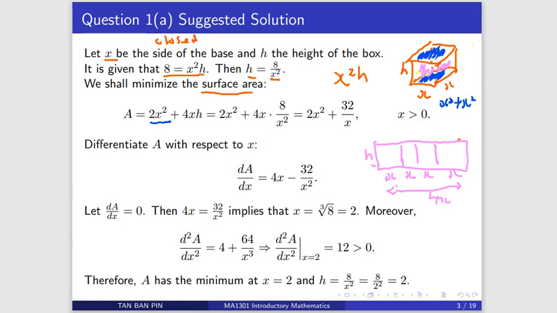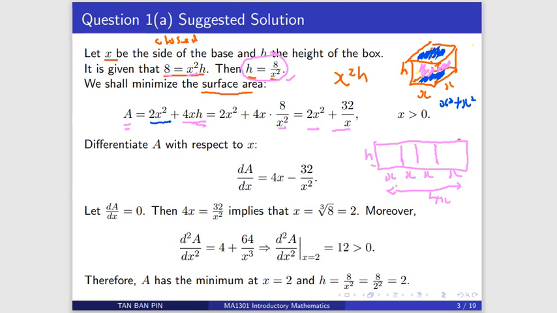Replace h by 8 over x squared, and eventually the surface area A will be just 2x squared plus 32 over x.